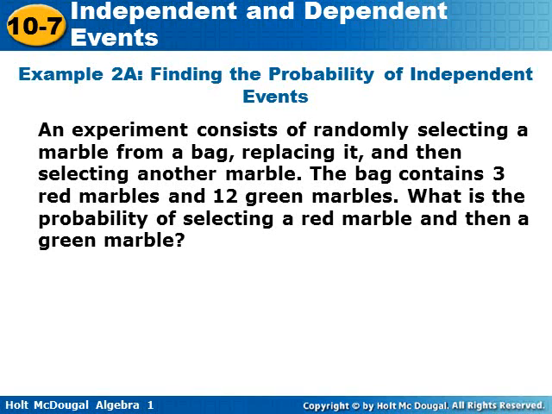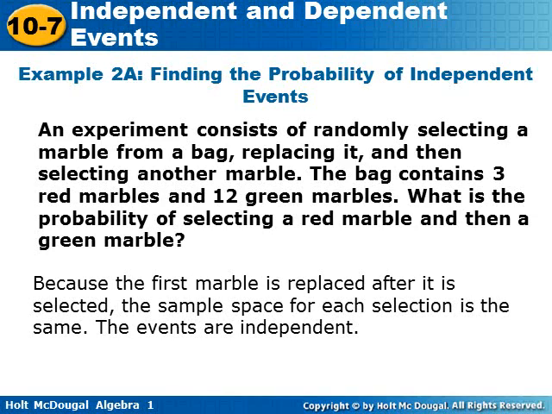An experiment consists of randomly selecting a marble from a bag, replacing it, and then selecting another marble. The bag contains 3 red marbles and 12 green marbles. What is the probability of selecting a red marble and then a green marble? Because the first marble is replaced after it is selected, the sample space for each selection is the same. The events are independent.